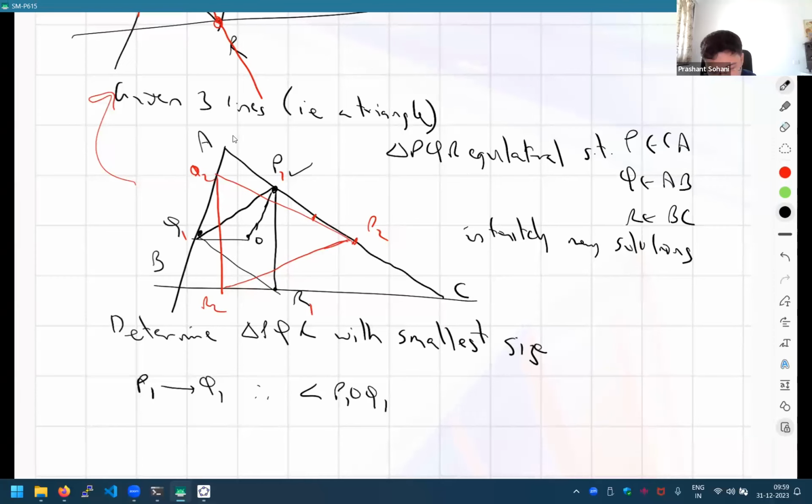Not Q1, sorry. P1 Q1 R1 is our original triangle and P2 Q2 R2 is my rotated triangle. So P1 will go to P2.